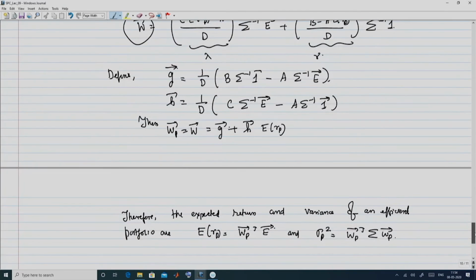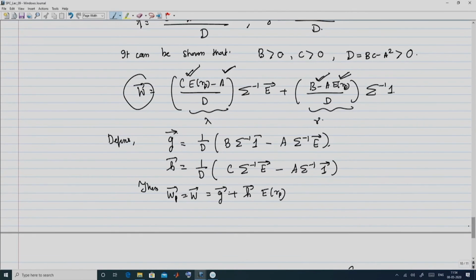Now, observe very carefully here, what does this term G comprise of? The term G comprises of sigma inverse 1, sigma inverse E, and again this term H comprises of sigma inverse E and sigma inverse 1.